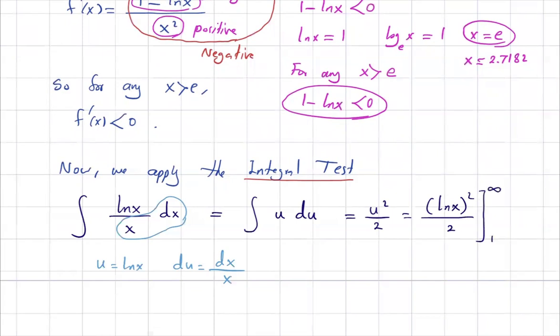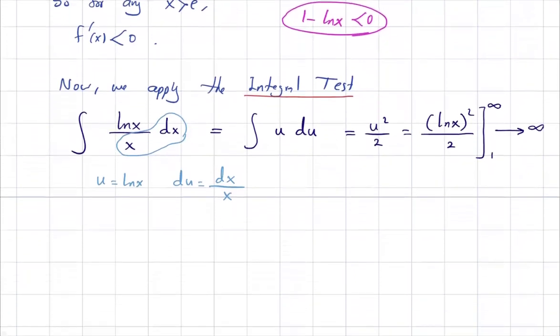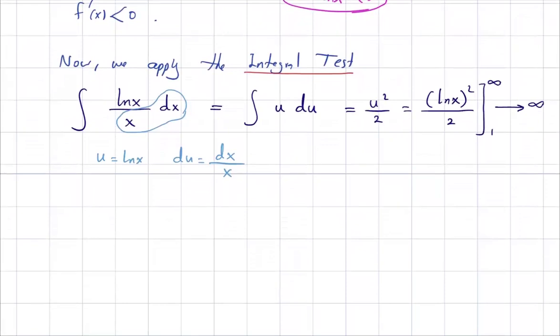If you plug in infinity, the ln goes to infinity. So the integral is divergent. Since the integral is divergent, the integral test says the series must be a divergent series as well.